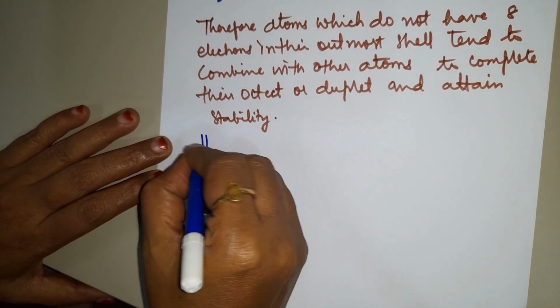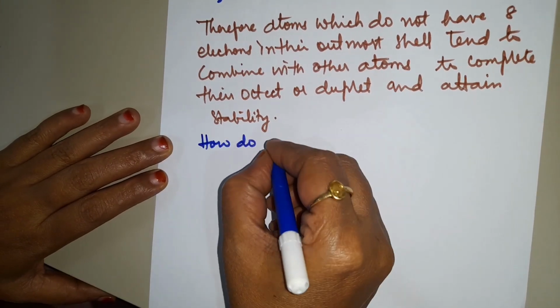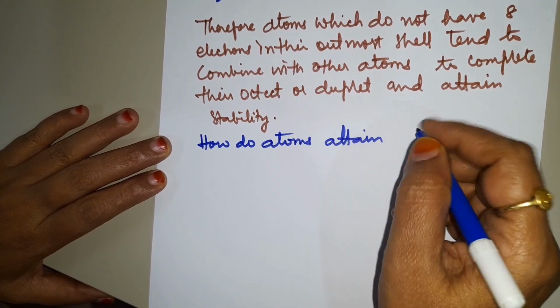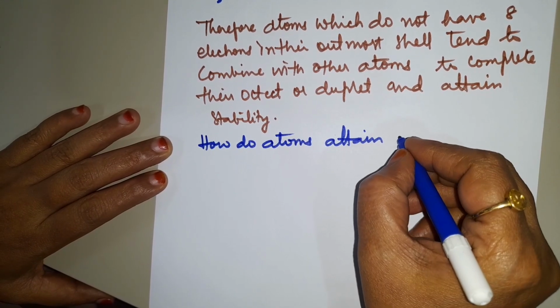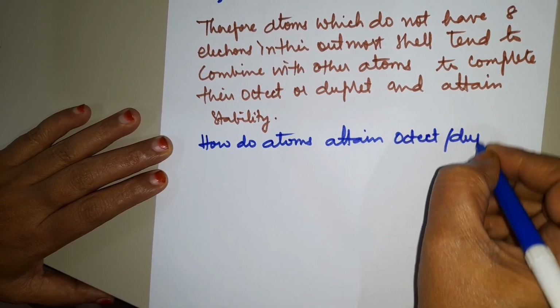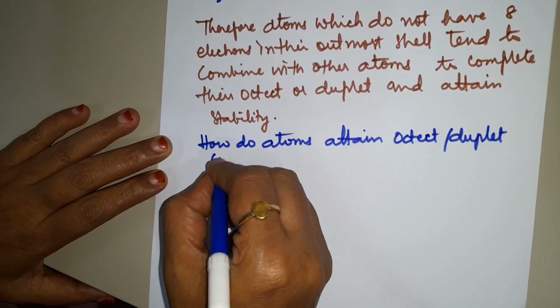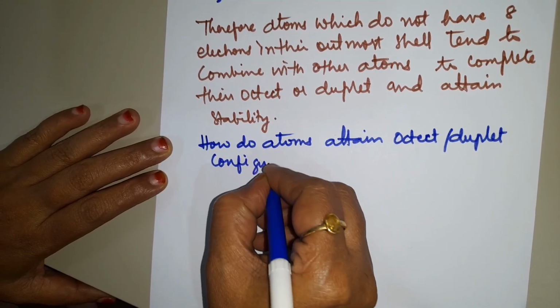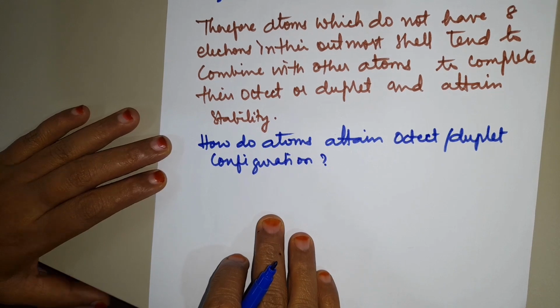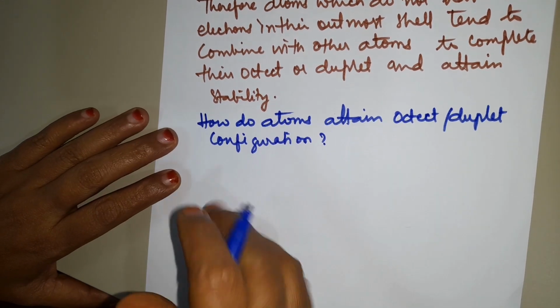How do atoms attain octet or duplet configuration? Or in other words, how do atoms attain stability?